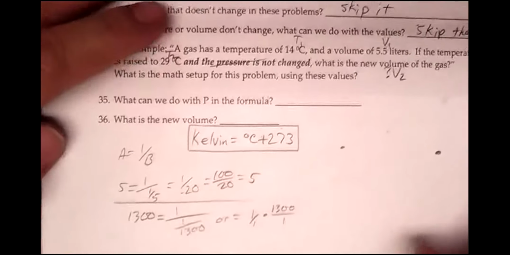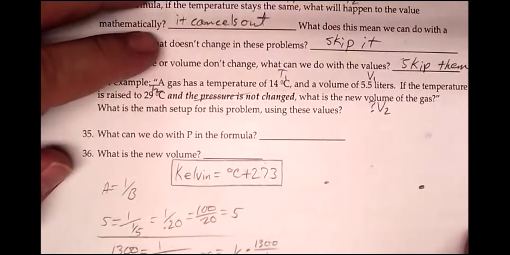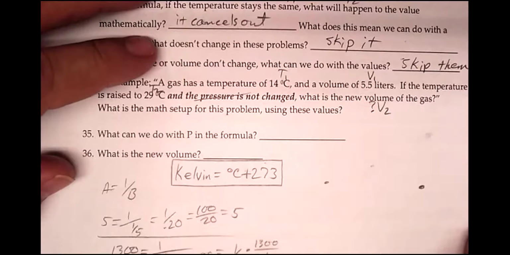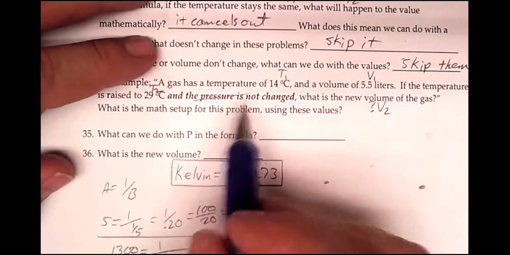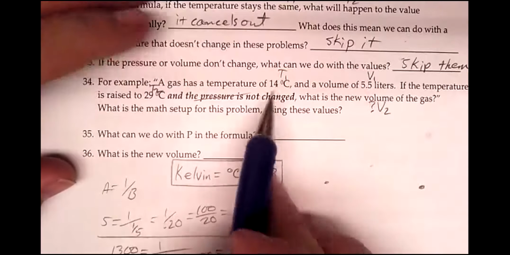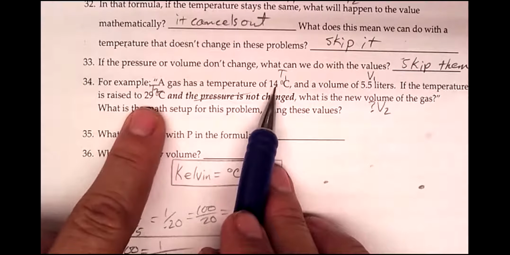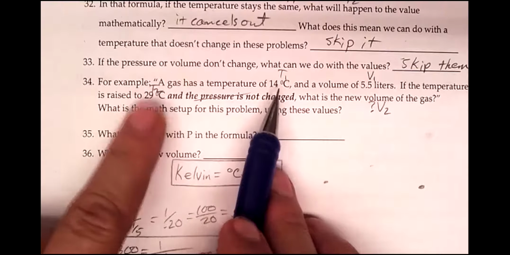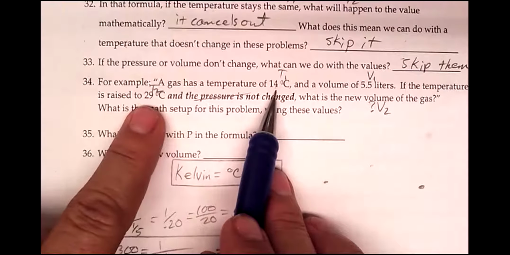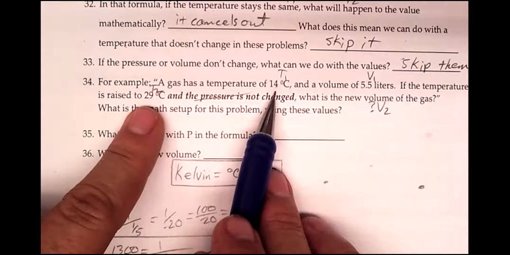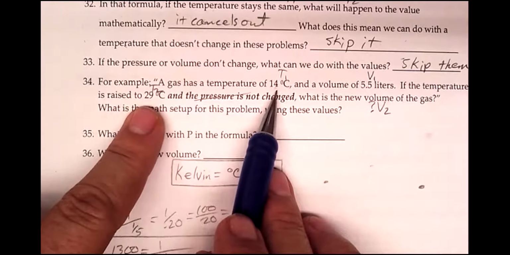And then some kid says, well, I used Celsius, but I did it the right way because I didn't use negative. You can't use Celsius at all, because what we want is a ratio of temperatures. If you use these numbers, the math will think that the heat went more than double. 29 is more than double of 14. But no, it didn't. Not really.